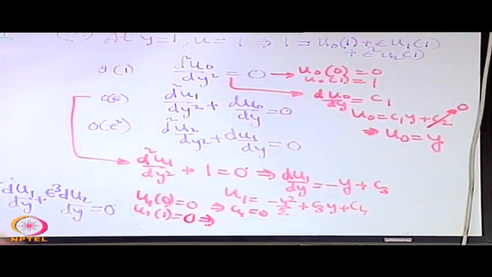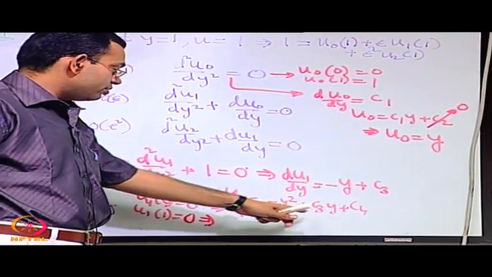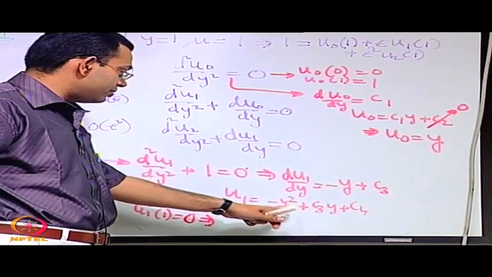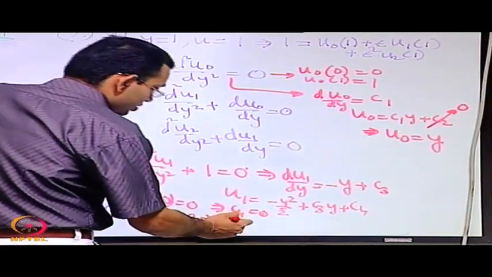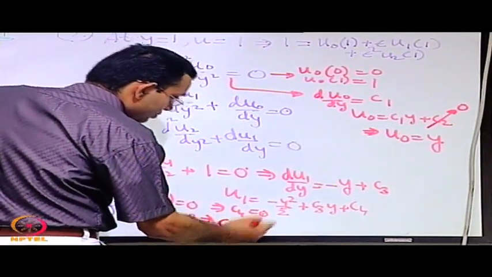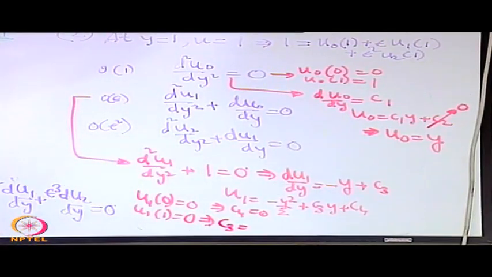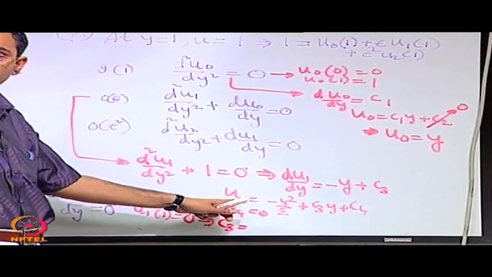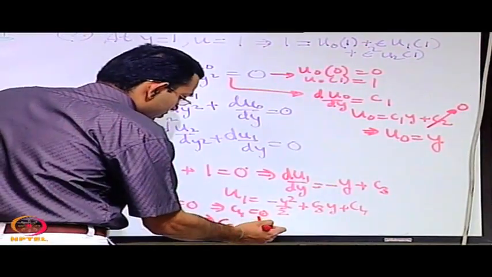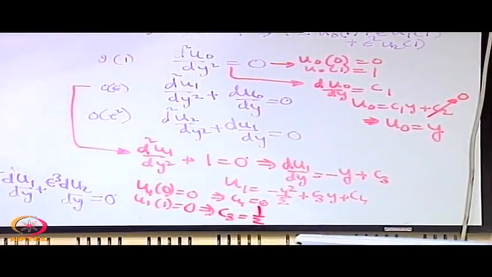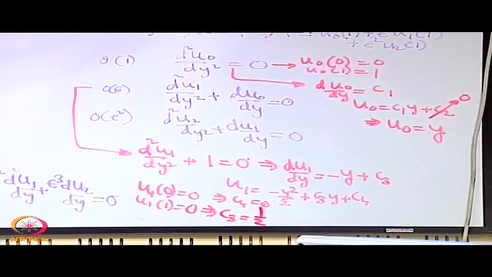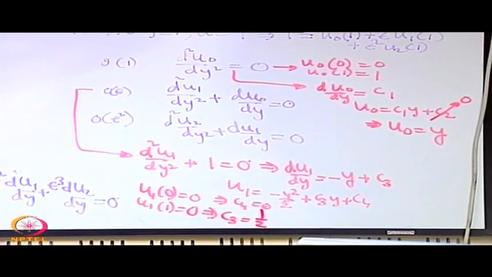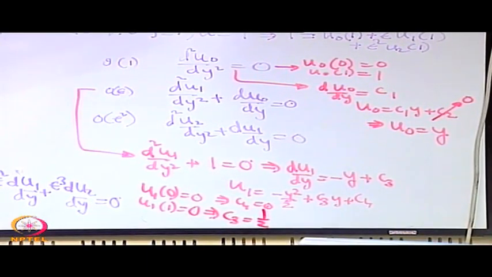So at y equal to 1 this is 0, so C3 becomes half. In this way you may have expansions of higher and higher order terms.